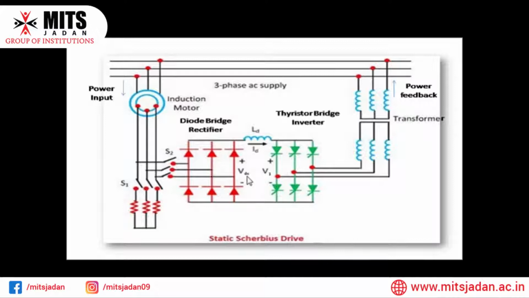This DC voltage is fed to the thyristor bridge inverter circuit, and this thyristor bridge inverter circuit converts this DC power back into AC, and this AC, with the help of a transformer, is fed back to the main supply circuit.